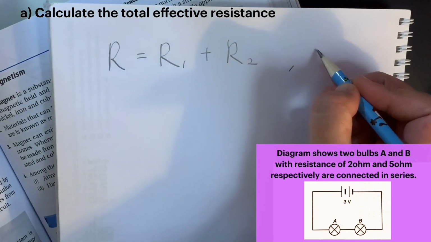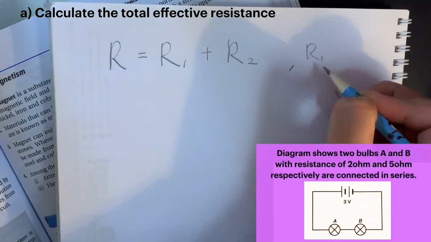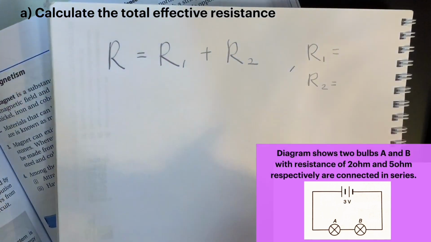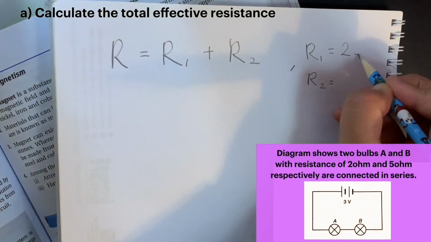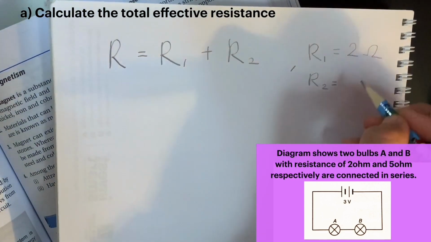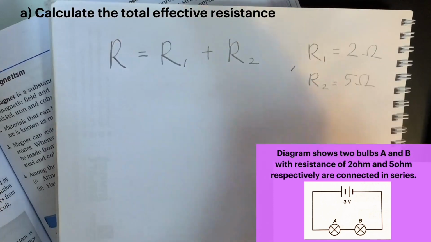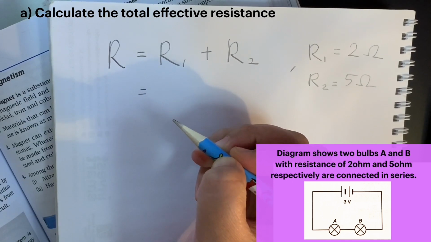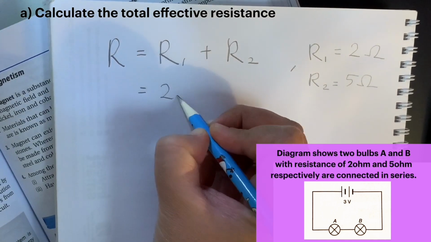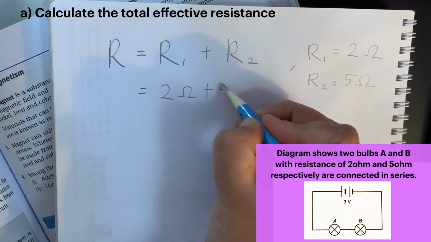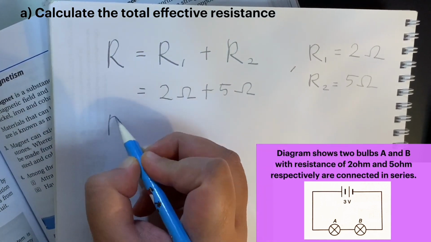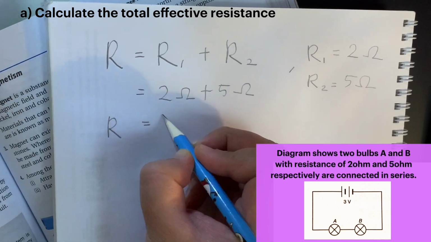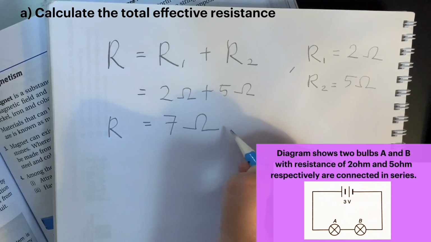Since the values are given as 2 ohms and 5 ohms respectively, you only need to directly add these two. 2 ohms plus 5 ohms, and the value of effective resistance is 7 ohms.